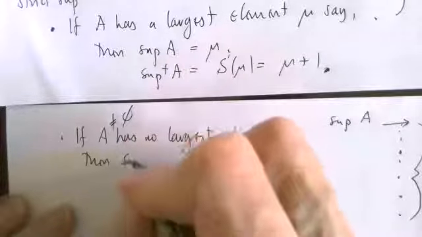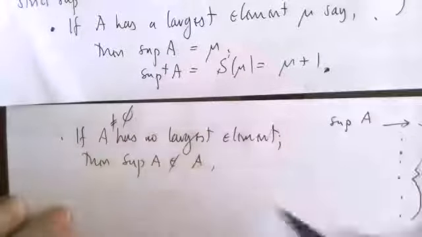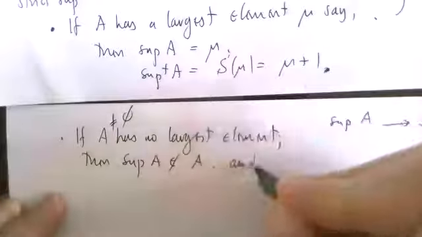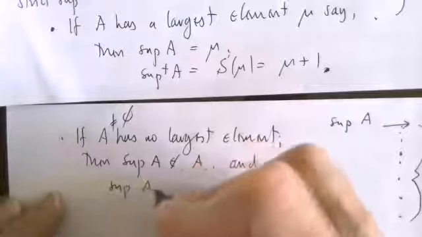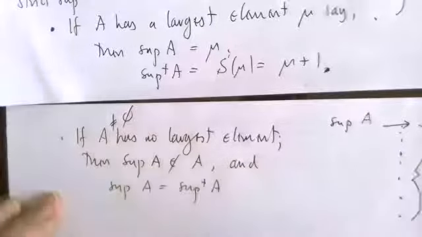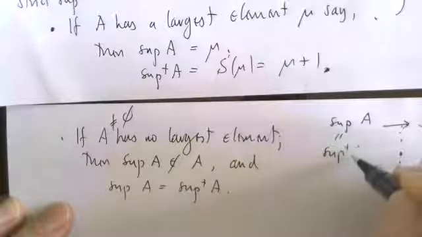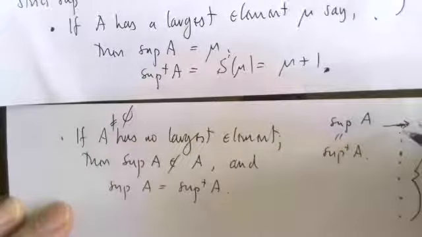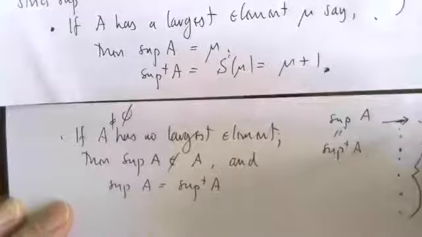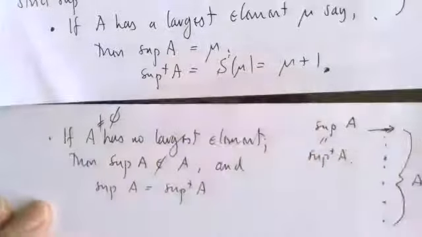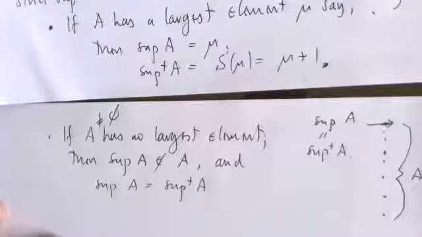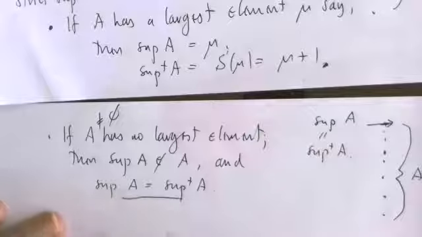If A has no largest element, then sup A is not a member of A. But also sup A is the same as sup plus of A, because this point here is both greater than and equal to everything in A, and it's also greater than everything in A. So check your understanding of the definitions by verifying that.